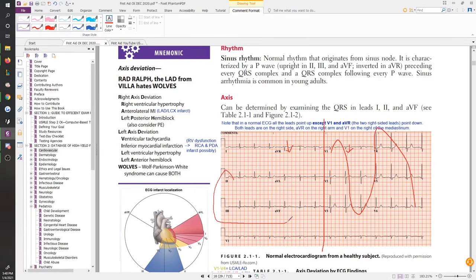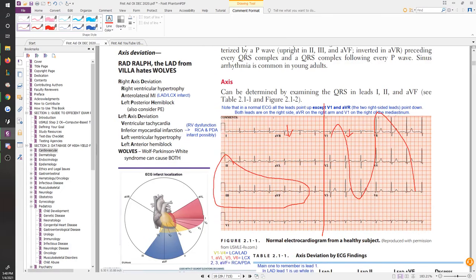We looked at 2, 3, AVF to see if there's any ST elevations, ST depressions, because that would be inferior MI, and it would be related to your main arteries that supply the SA and AV node. And then we looked at 1, 2, AVF to figure out left and right axis deviation. Great. That's all things you quickly looked at. All this is supposed to happen within like 30 to 40 seconds. You'll stop looking for more things as soon as you find enough things that can give you a diagnosis.